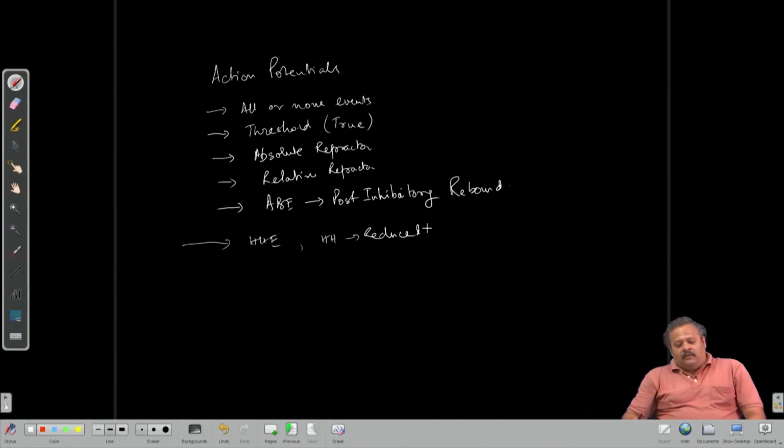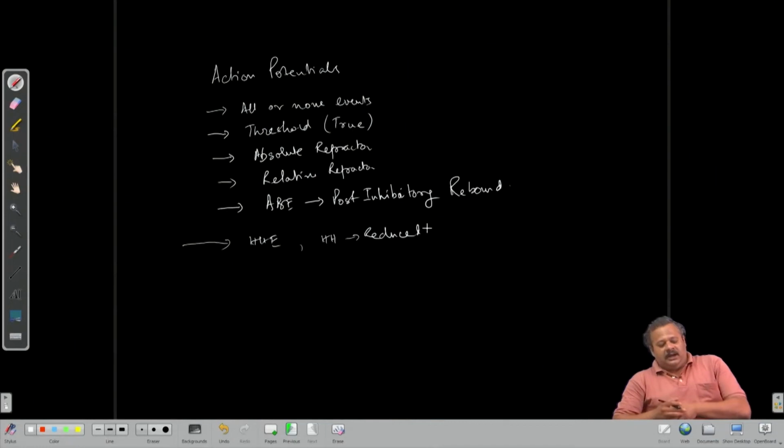So, going forward, we will be requiring all these things in our understanding of coding by neurons.